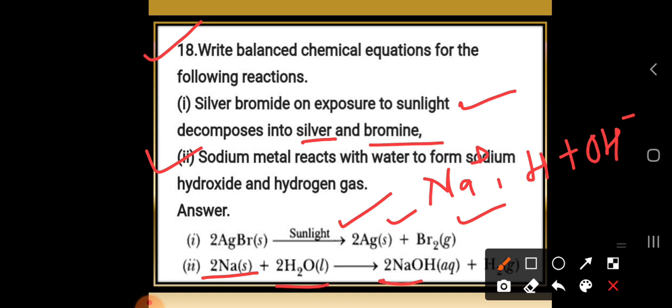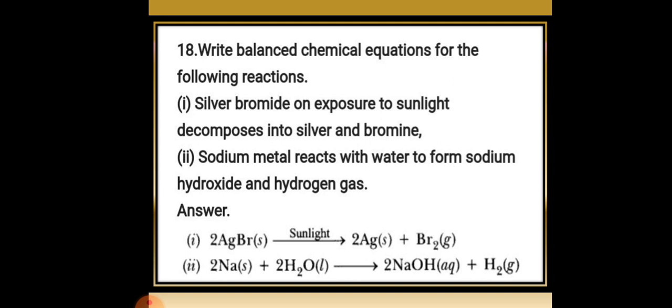So the molecules of water will be dissociated in the form of H plus and OH minus. So this Na will make a bond formation with the OH. So resultantly what you will get is NaOH. So this is the example where sodium metal reacts with water to form sodium hydroxide and hydrogen gas.